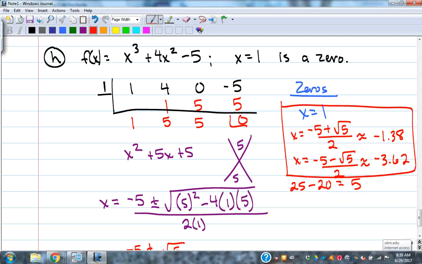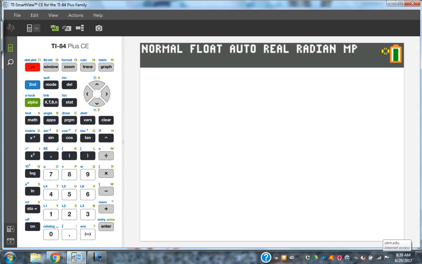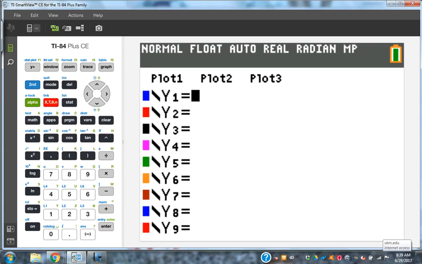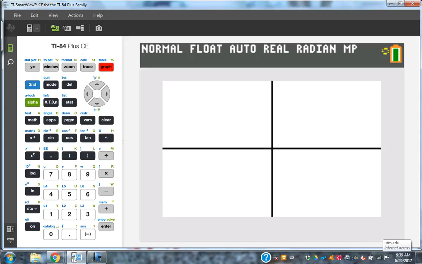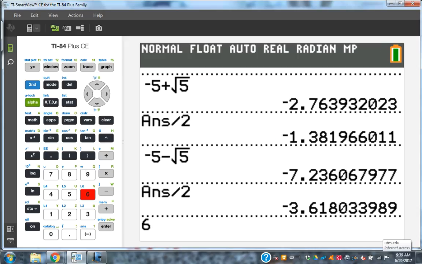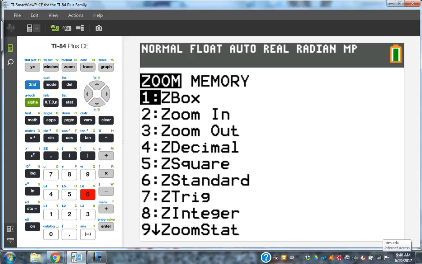What that means, and what we're going to build on in just a little bit, is that if we graphed that polynomial, x to the third plus 4x squared minus 5, I'm going to have to fix my window here. Zoom 6.